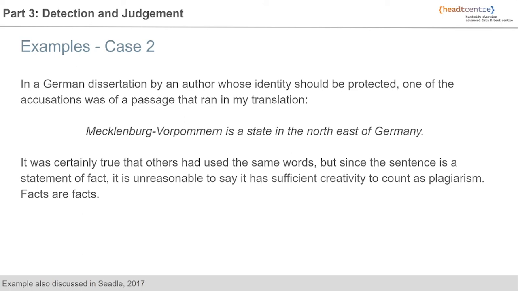That's unsurprising because these words are really stating a set of facts. State, yes, clearly. Northeast, Germany, these are geographic expressions. It would be unreasonable to expect that someone take a phrase like this, do a search to find whether someone else had used this exact set of words to describe these facts, and then try and create something that is different. The creativity here is unnecessary. It is nil.